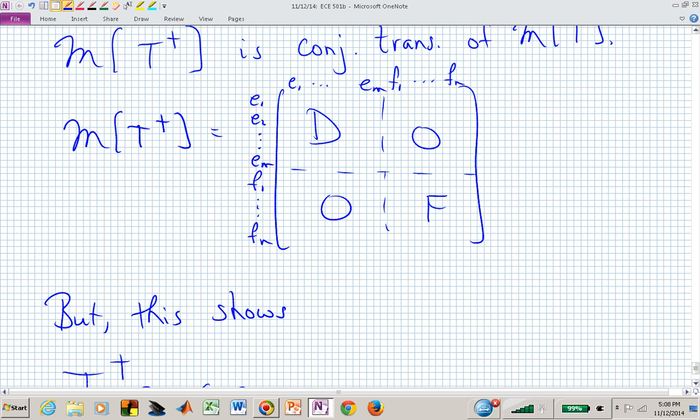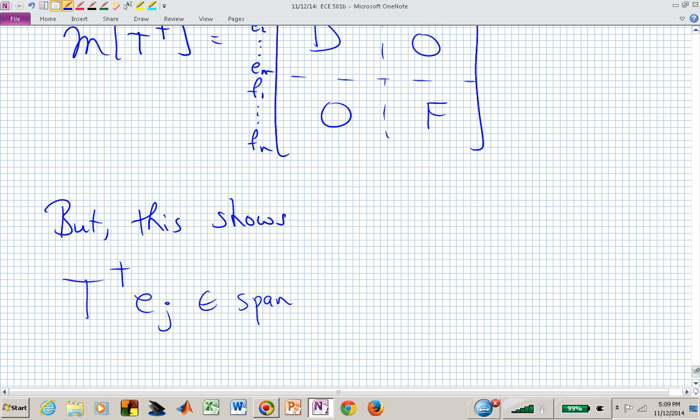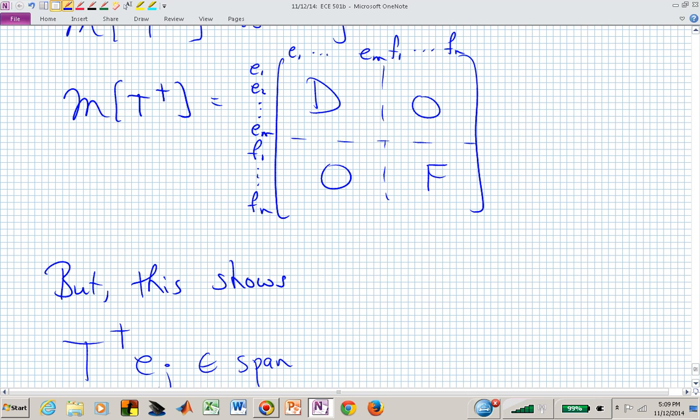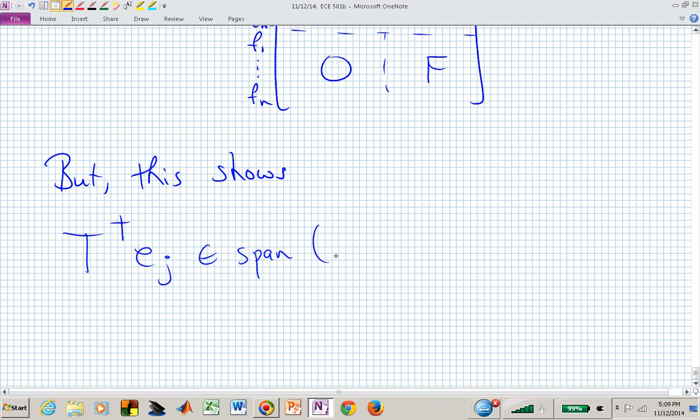If we start with a vector that only has non-zero entries in the top piece, the first M piece, and we hit it with this matrix, we're going to stay in that top M piece, aren't we? So we are simply going to be in the span of those original basis vectors, E1 through E sub M, and that's true for all j.